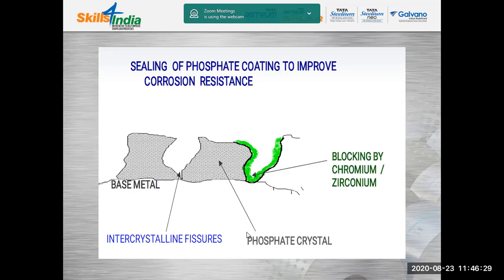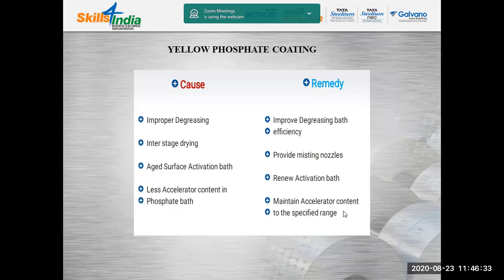Let's see. Yellow phosphate coating: the cause is improper degreasing.